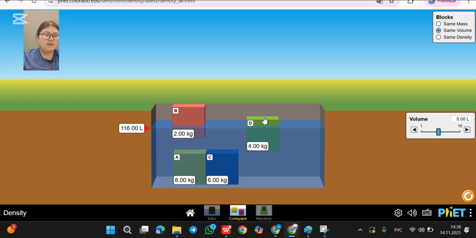Here, as we can see, also some of the blocks sink and some of the blocks float.